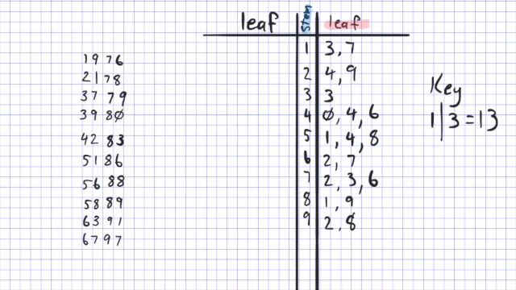And we can match these up with the ones that we've already done over here. So as you can see, we already have all of our stems in, so we just need to fill in the leaves. So let's go ahead and do that. 9.